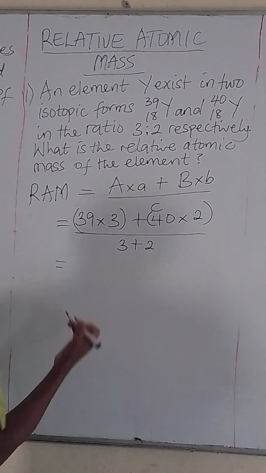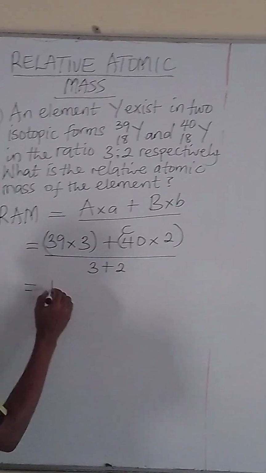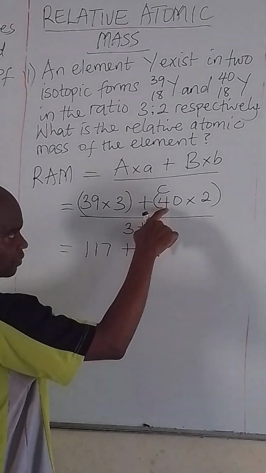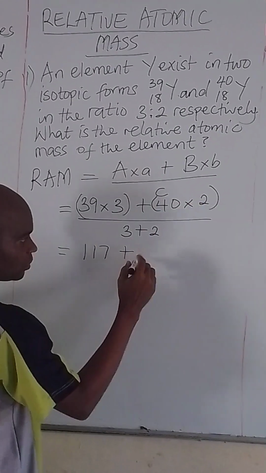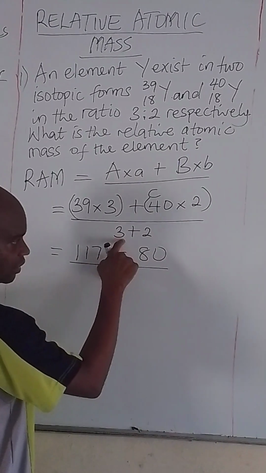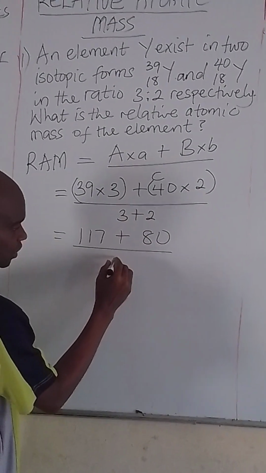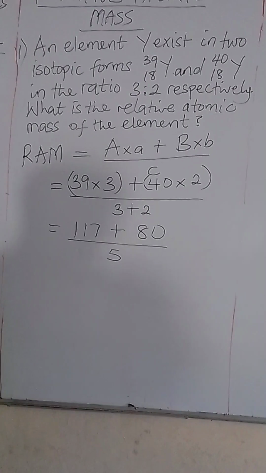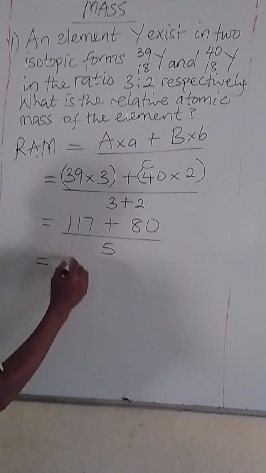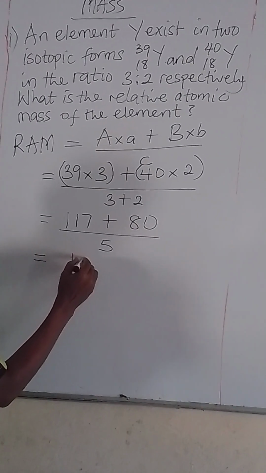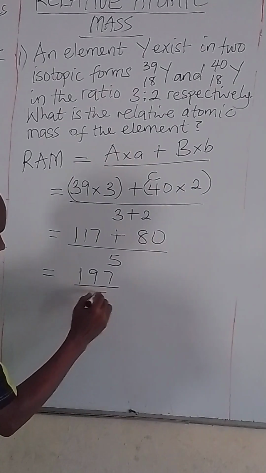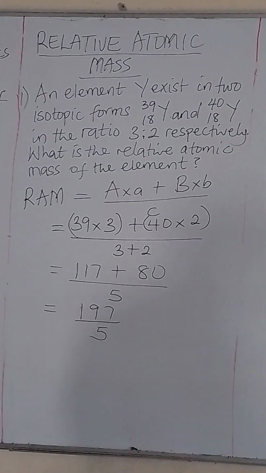Alright, 89 times 3 will give us 267, plus 40 times 2 will give us 80, all over 3 plus 2, which gives us 5. When you sum this up, this will give us 347 divided by 5.